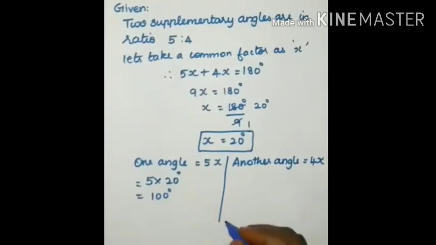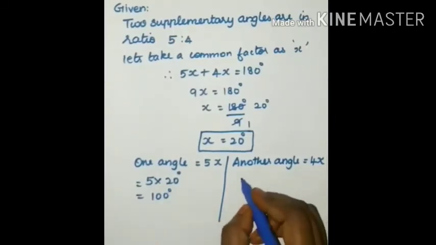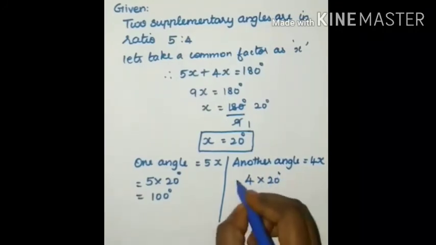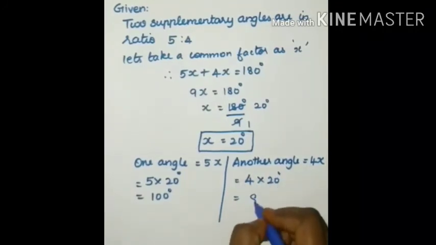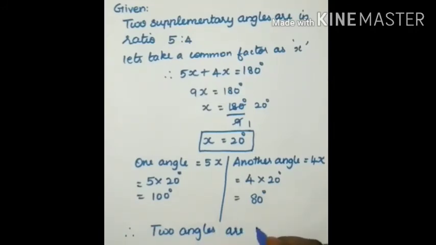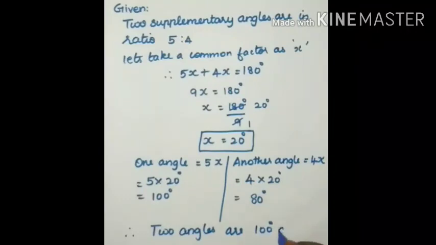Then 4x, 4 into x as 20 degree, 4 into 20 is 80 degree. Therefore, the two angles are 100 degree and 80 degree.